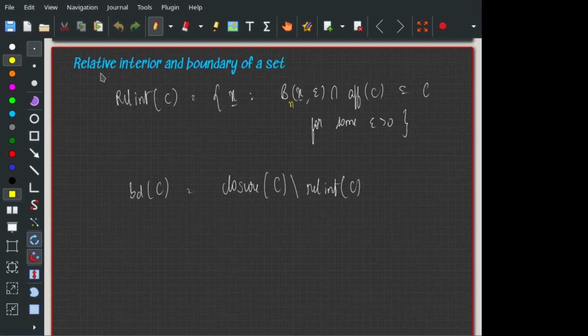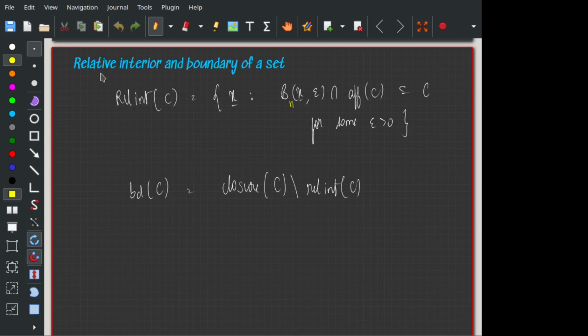So for example, you have R3, but let's say that I take a straight line in R3. Now this has a dimension 1, not 3. And I still want to be talking about interior points of this particular set, which are going to look like open intervals in this particular line.